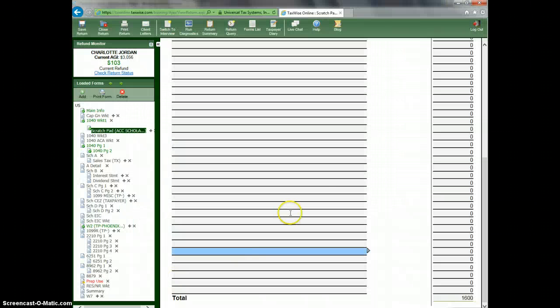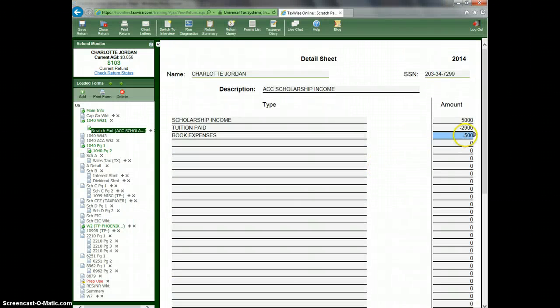So we go back to Charlotte's return, and we'll just take out these second two amounts and just list the 5,000 in scholarship income. You see her refund did drop a little bit, although really not so significantly.